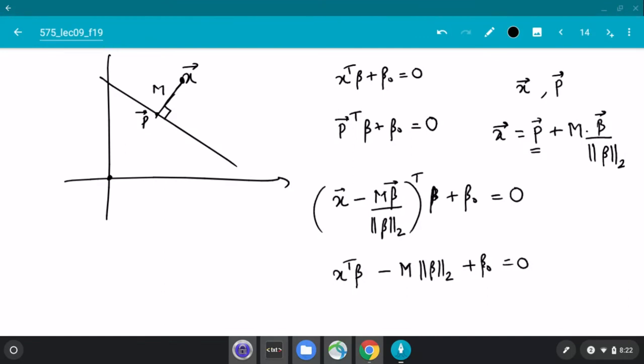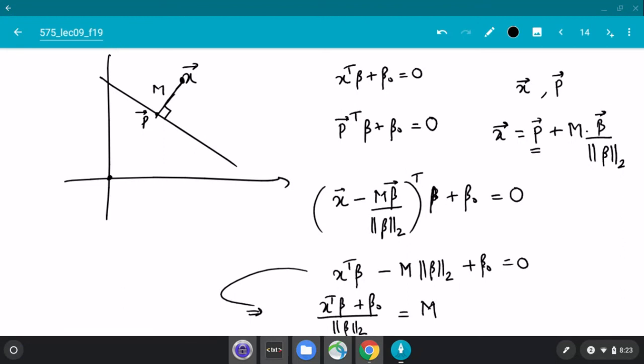I'm just multiplying this with this. m times beta transpose beta is just norm of beta squared. They get cancelled, and this sum is just as before. So this implies x transpose beta plus beta naught divided by norm of beta is equal to m. I just brought m to the right-hand side and put everything else on the left-hand side.